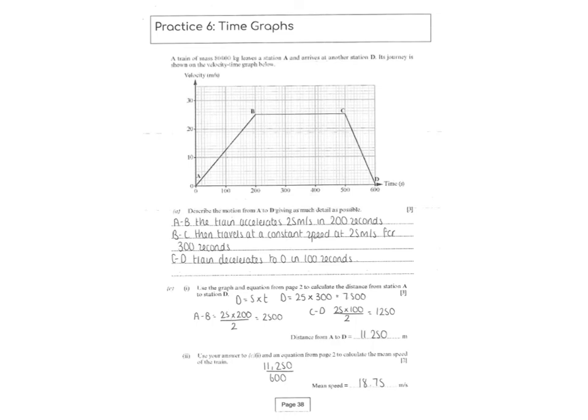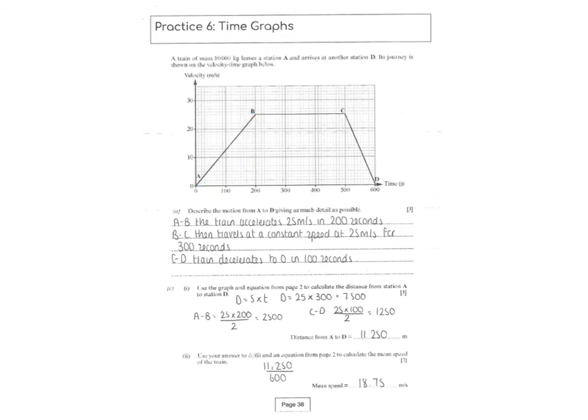A train of mass 80,000 kilograms leaves station A and arrives at another station D. Its journey is shown on the velocity time graph below. Describe the motion of A to D, giving as much detail as possible. So, between A and B, the train accelerates to 25 metres per second in 200 seconds.